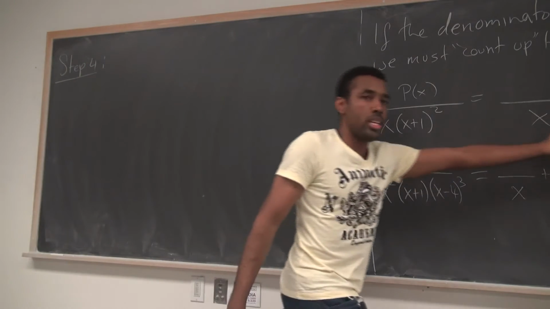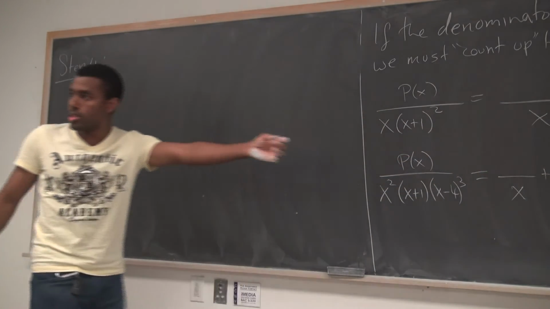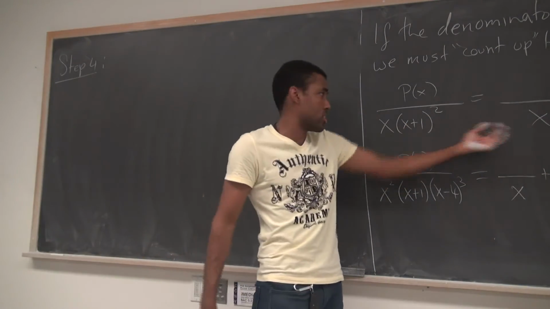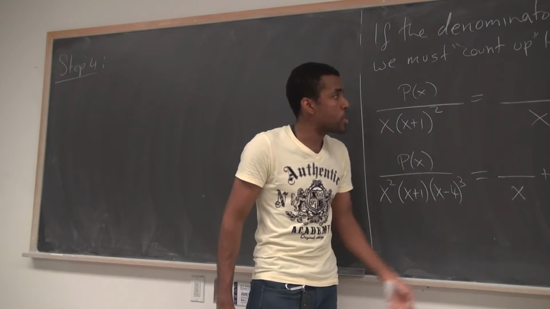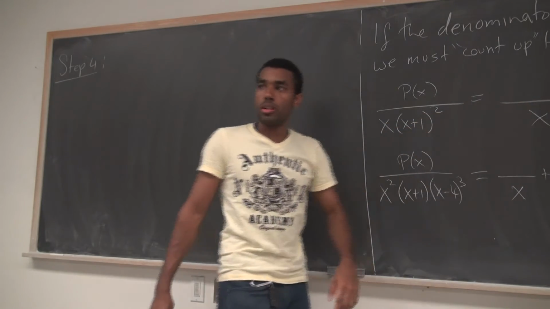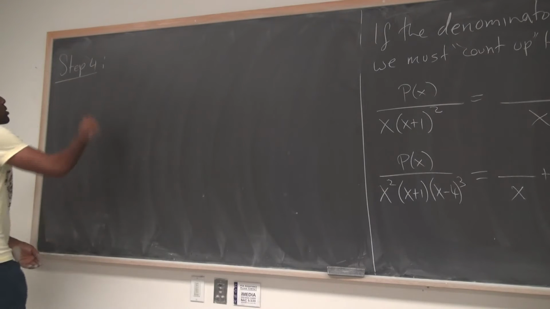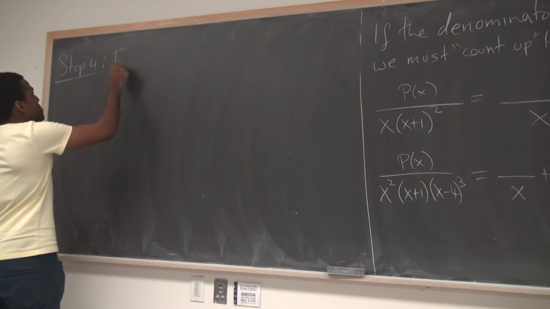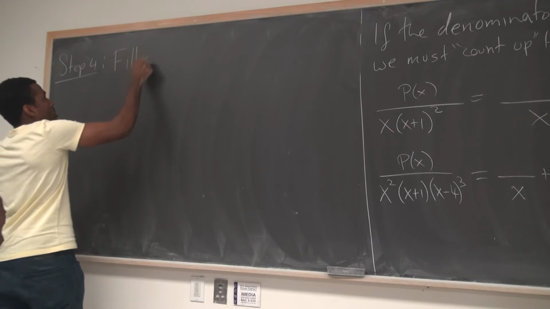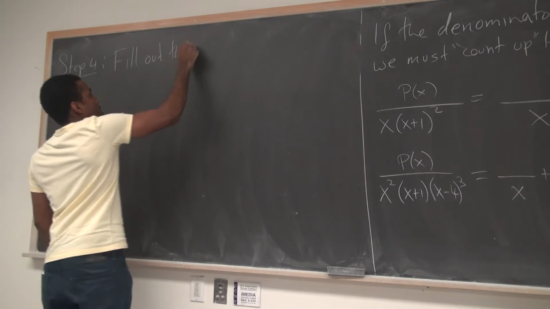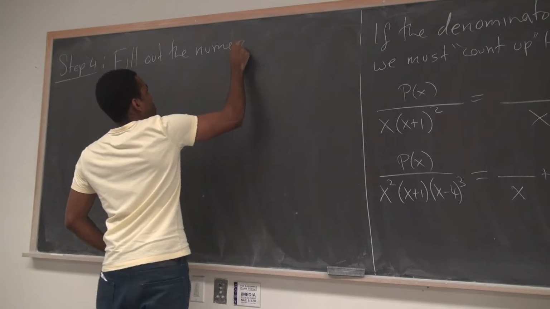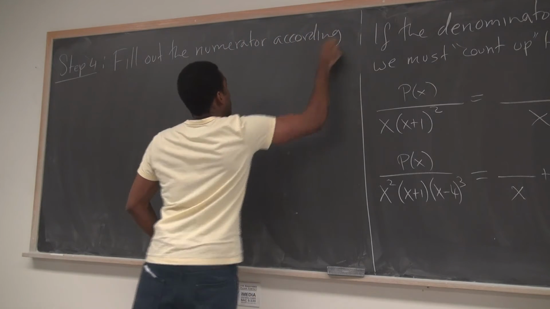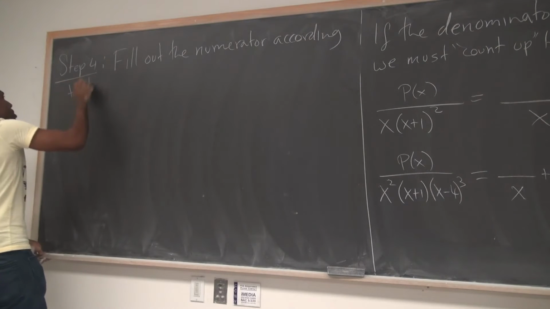So we are at the stage now where we broke up the fractions into several smaller fractions. We know exactly what the denominators look like. They're just the factors of the original. How do the numerators look? A, B, C. Is it always A, B, C? Fill out the numerator according to this rule.